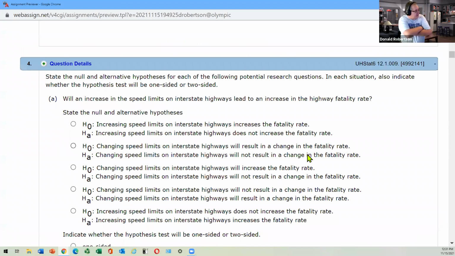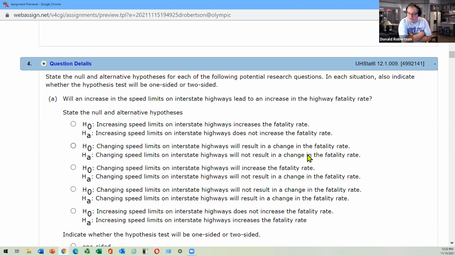Oh, here's one in English. State the null and alternate hypothesis for each of the following potential research questions. In each question, also indicate whether the hypothesis test will be one-sided or two-sided. Okay, so here's the question. Will an increase in speed limits on the interstate highways lead to an increase in highway fatalities?